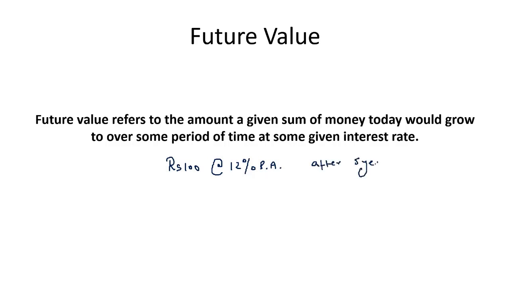In our earlier example, we took the interest rate as 8%, and between 100 rupees today and 100 rupees after 5 years, we saw that as per time value of money, the money you have today is worth more than the same amount in the future. In this example, 100 rupees today is earning 12% per annum. What would be the value at the end of 5 years?